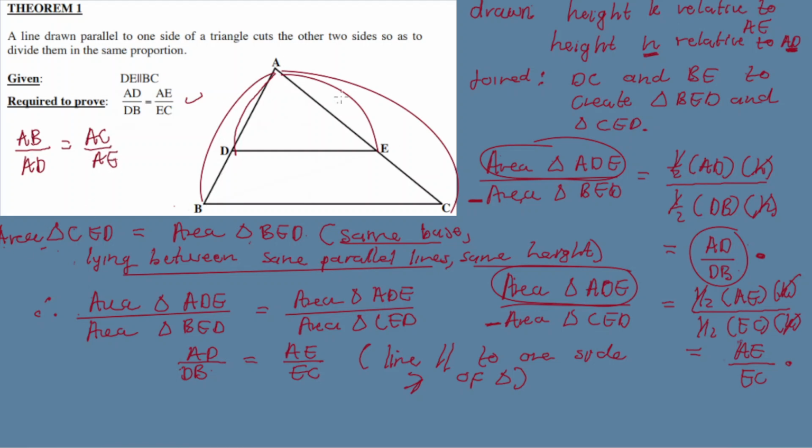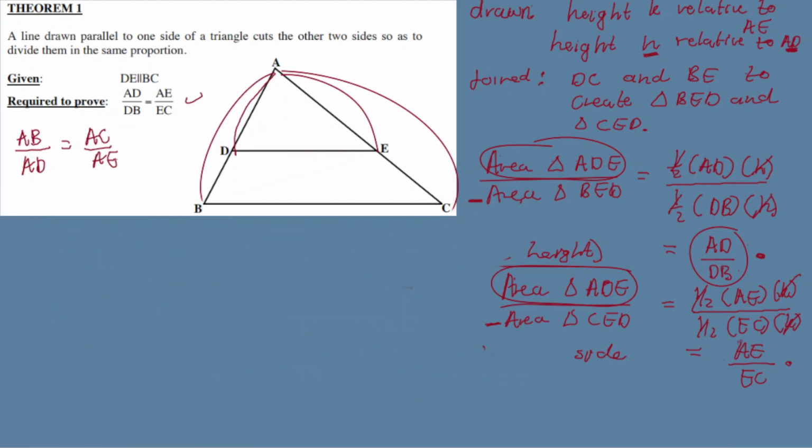AB over AD is equal to AC over AE. What else? BD over DA is equal to EC over AE as well.